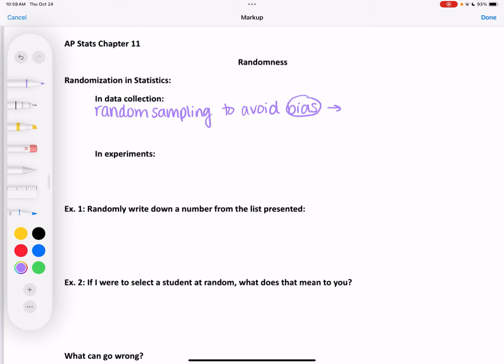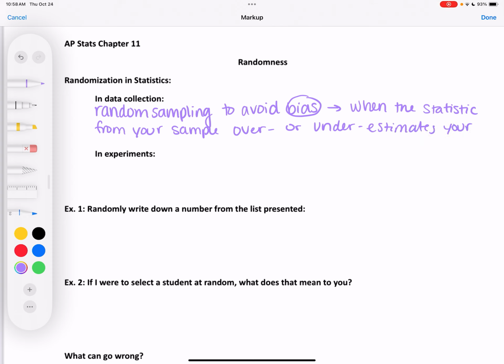And bias specifically is when the statistic from your sample over or underestimates your population parameter, and there's going to be a whole pretty much chapter about bias.